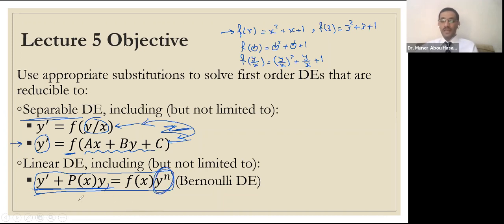So the left-hand side is similar to the linear equation, but on the right-hand side, I multiplied f with a y to the power n. This equation we call the Bernoulli equation. And to solve it, I also have a specific substitution. I will use it to convert it into a linear equation.